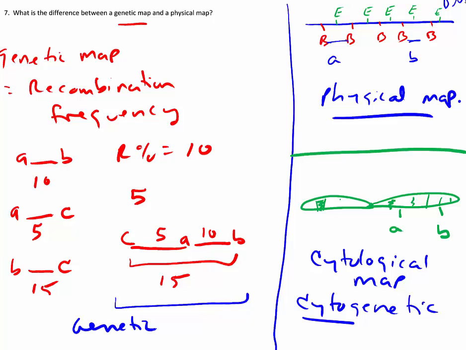Eventually, you would get the DNA sequence, and if you know the DNA sequence and you can map a gene to a particular sequence, that's another example. That's the best physical map you can have. So physical map relates to DNA, cytological map maps to a chromosome, and genetic map maps to a recombination frequency distance.